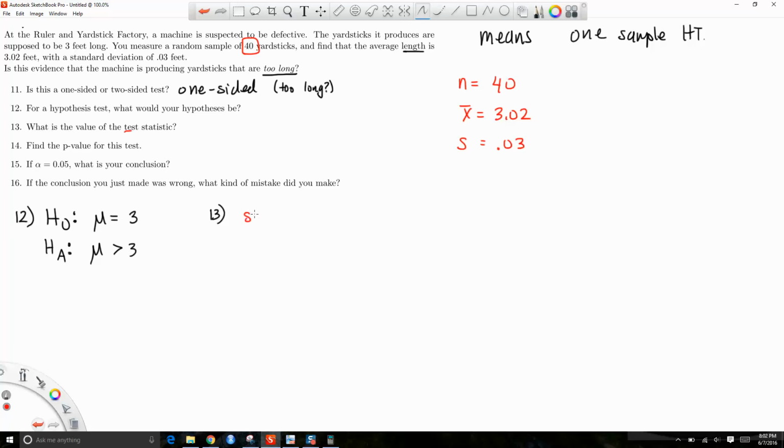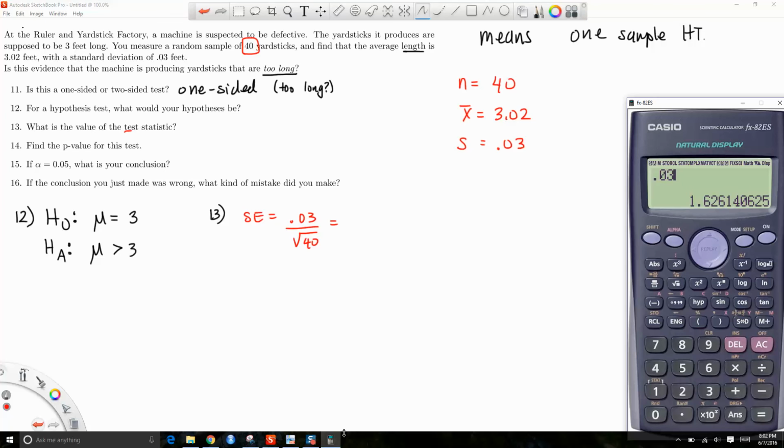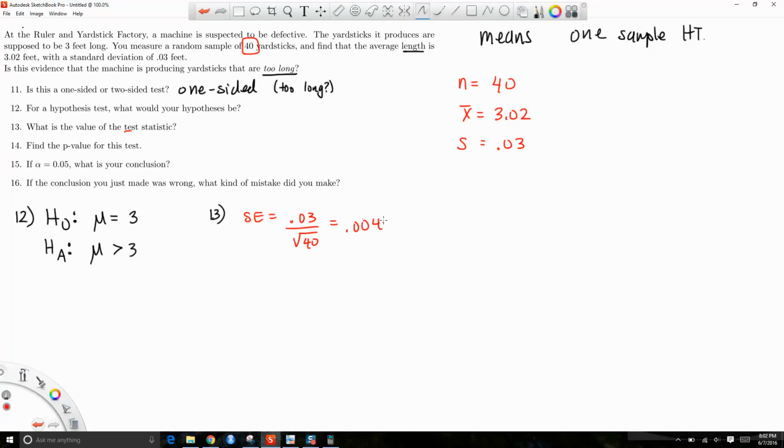Our standard error is going to be 0.03 divided by the square root of 40, and we get 0.004743. Then the test statistic is going to be the difference between x bar and mu 0 from the null hypothesis, divided by our standard error.